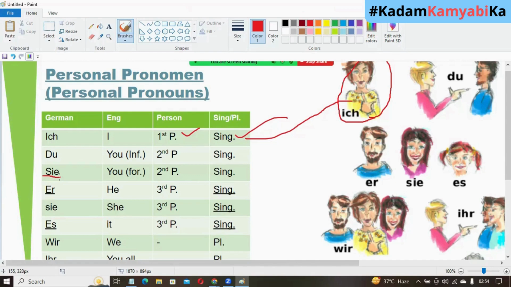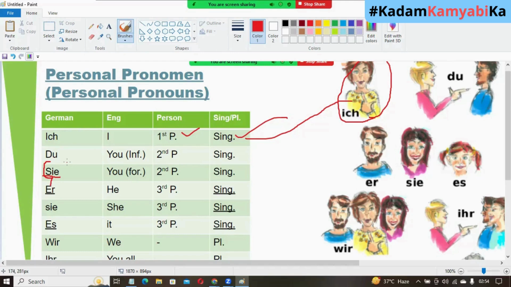So if you're talking to your boss, relatives, parents, teachers, you have to use this Sie wherein S is capital. This capital S can come even in the middle of the sentence. So in German, you will find a lot of capital letters even in the middle of the sentence.